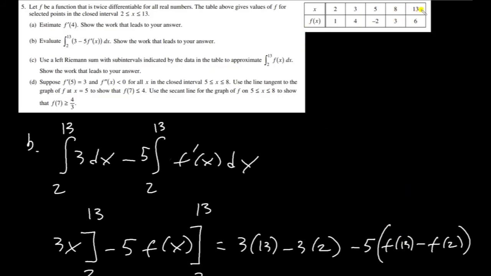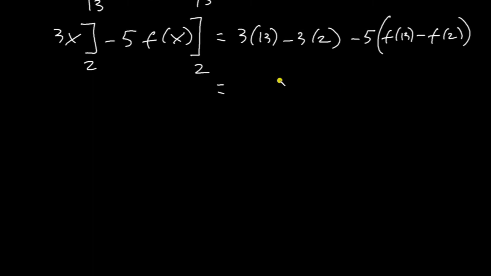So let's see here, f of 13 is going to be 6, and f of 2 is going to be 1, okay? So we have 39 minus 6 minus 5 times 6 minus 1, okay?